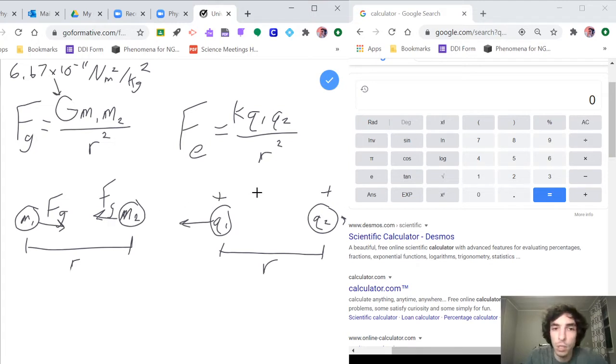But functionally, the math side of using Newton's law of universal gravitation is exactly the same as how we used Coulomb's law before. We'll still go over three different types of problems. We'll talk about how to solve for this force of gravity, just like we solved for an electrostatic force.